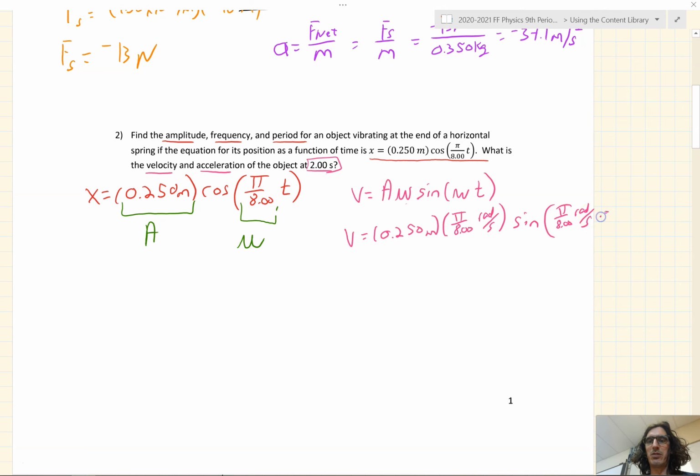So this is times 2 seconds. Plug and chug and again make sure we're in radians. And we get a velocity equal to negative 0.696 meters per second.